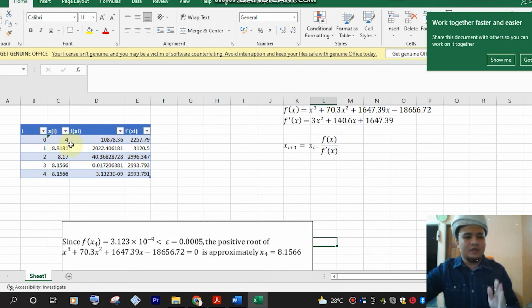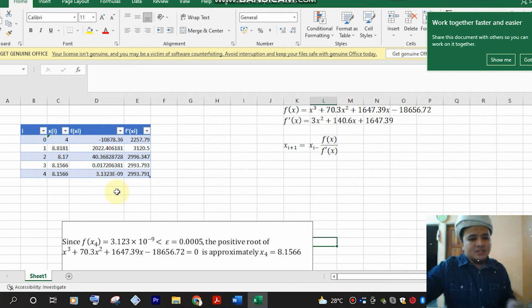Based on the calculation that we did in Microsoft Excel, the value that we get is f(x4) equals 3.1323 times 10 power of negative 9.